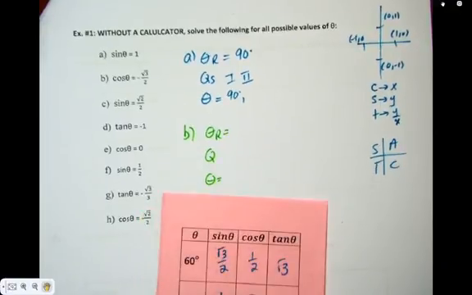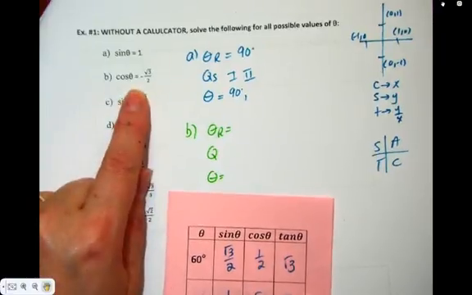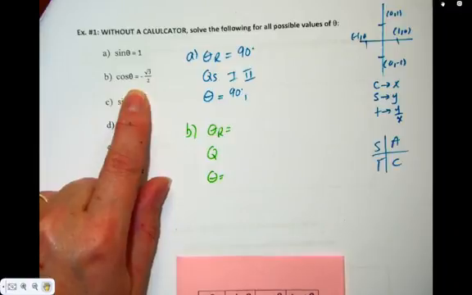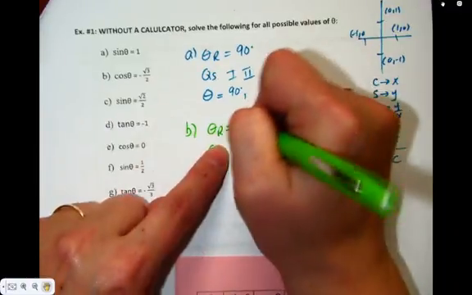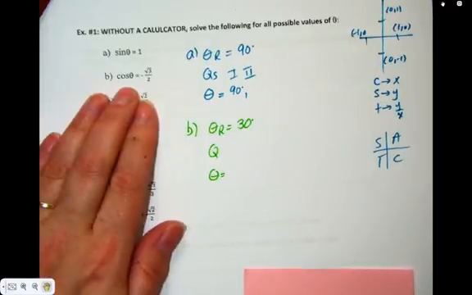What we're looking for is what angle value has a cos of root 3 on 2. We had a reference angle of 30, confirm. What quadrants do we want?